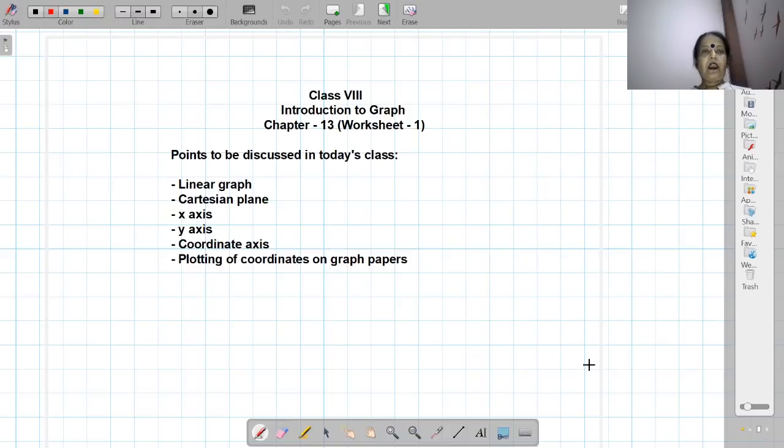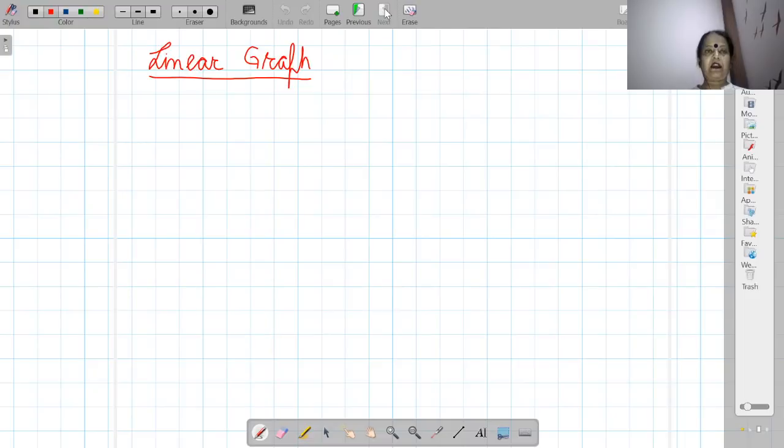The points which we will discuss in today's class are linear graph, Cartesian plane, x-axis, y-axis, then coordinate axis, and then we will discuss the main concept, that is plotting of coordinate on graph paper. Now let's go further. First is linear graph.